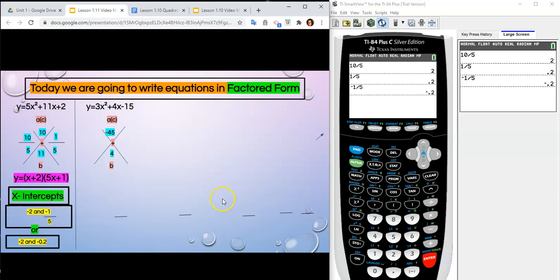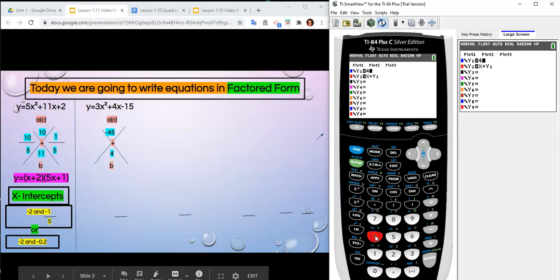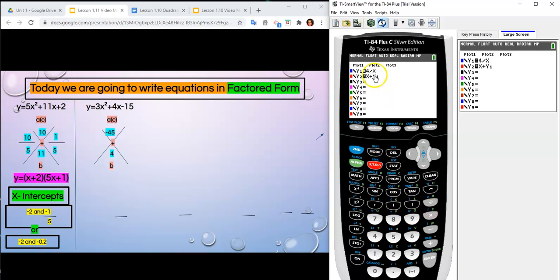So how do I do that? Same thing. You go to your calculator, and as we did yesterday, instead of me writing all this out again, I'm just going to take my 10 away. So I deleted my 10, and I'm going to put a 4 in there instead. So I'm going to put 4 divided by x inside there, and boom, I'm done.